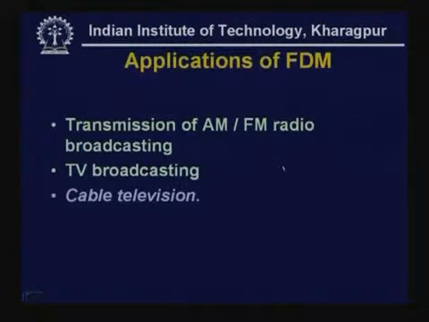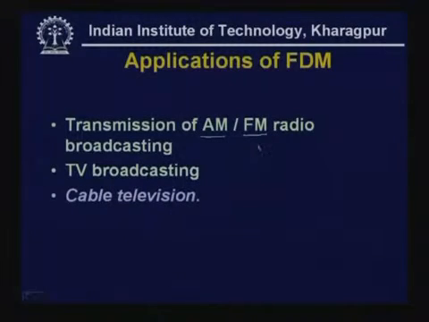And frequency division multiplexing has found applications in our day to day life. As you know, transmission of AM and FM radio is done by using this technique, and with the help of the radio receiver you can tune different channels. That means, you can select different frequencies and listen to that particular channel. So, it is used in AM and FM radio broadcasting.